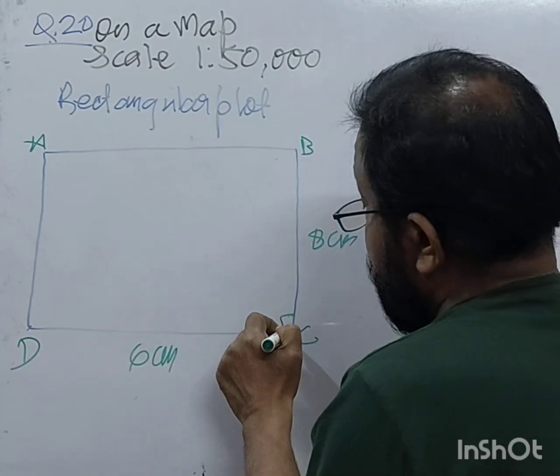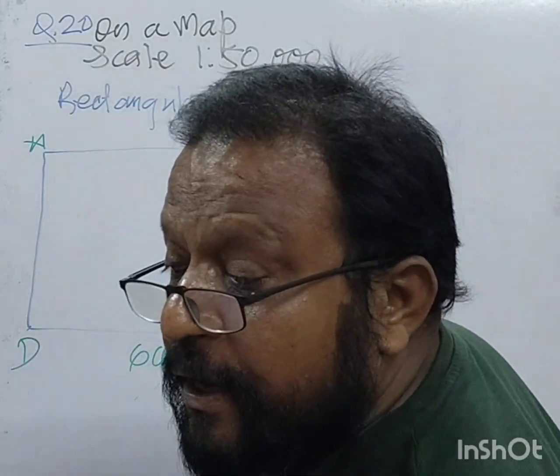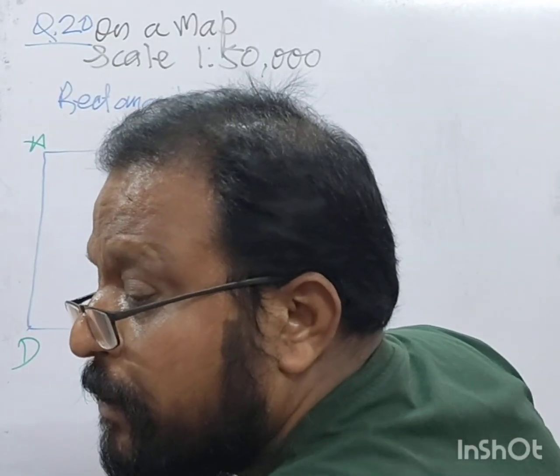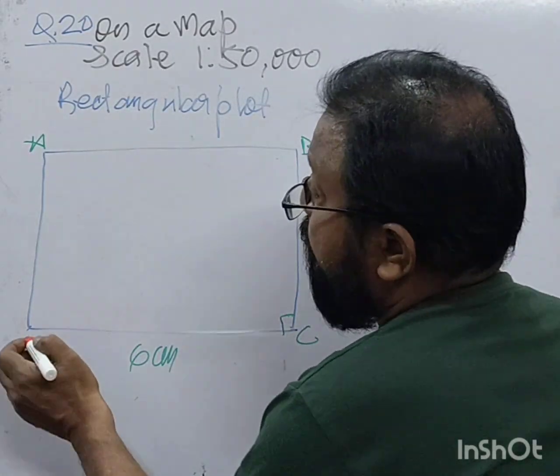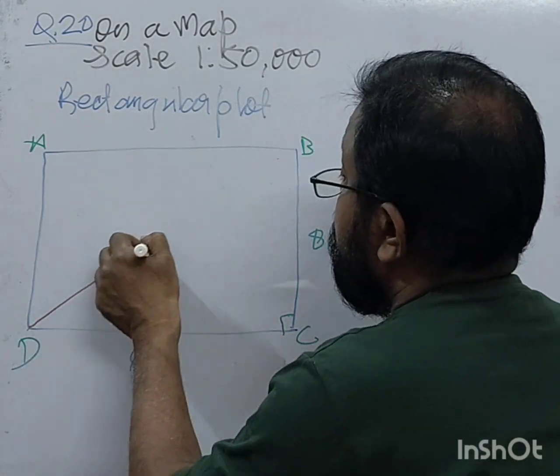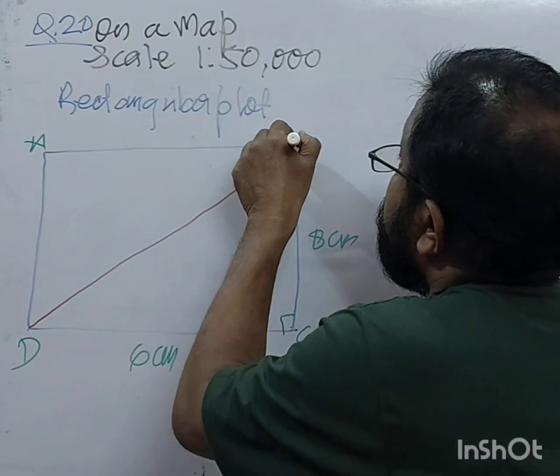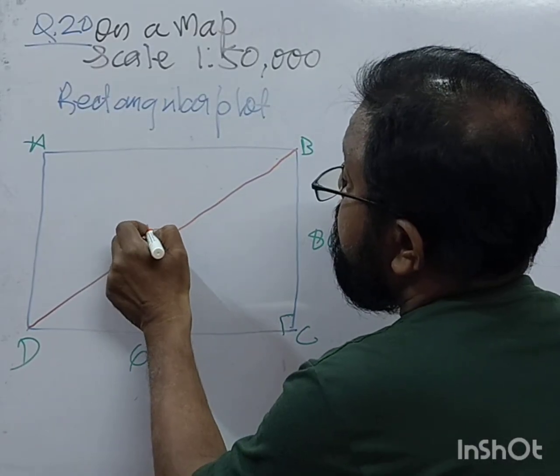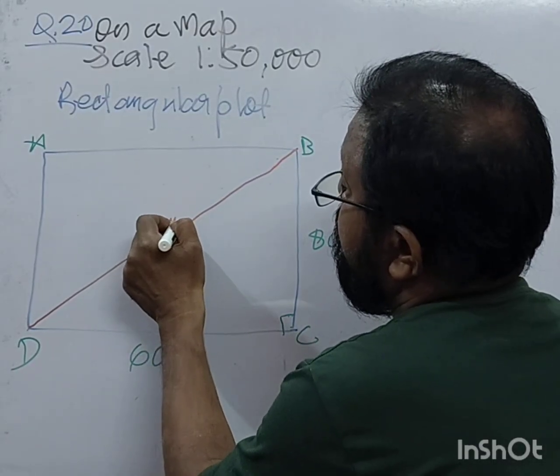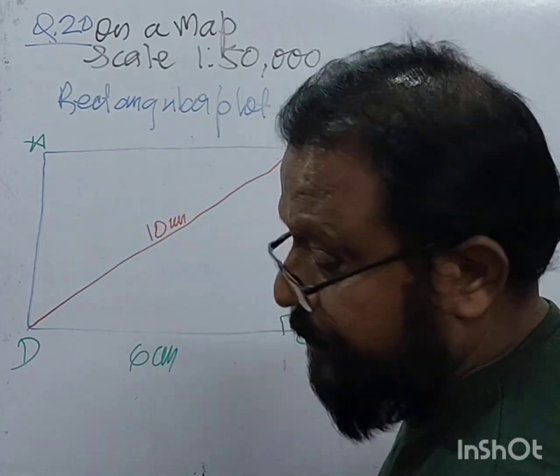This is 90 degree and we have a diagonal, and it is 10 centimeter.